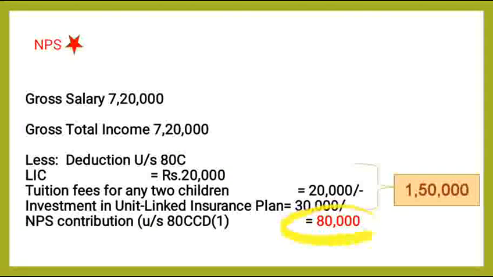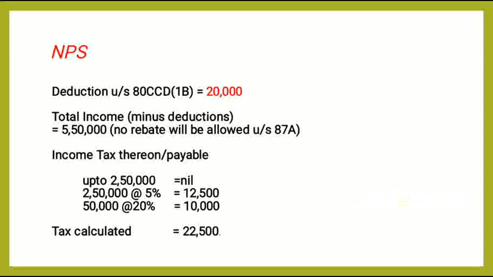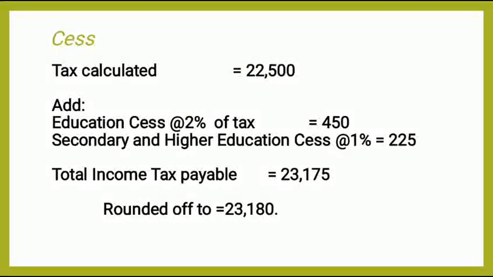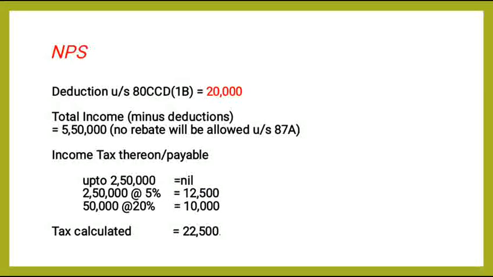He has made the deduction of only 80,000 under this section and the total deduction is 1,50,000. Deduction under subsection 80CCD, deduction under section 80CCD subsection 1B. He has used the rest of 20,000 out of rupees 1 lakh of NPS under section 80CCD subsection 1B.